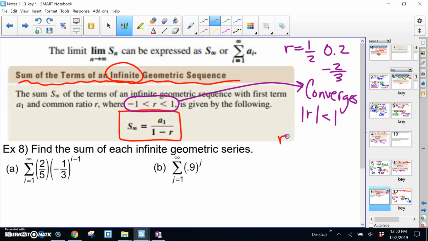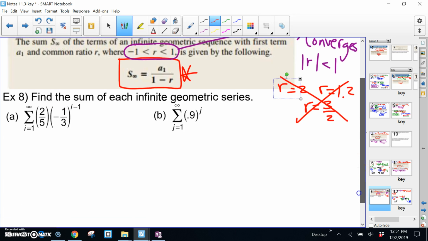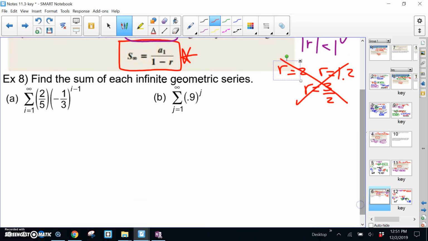On the other hand, if you found R was equal to 2, or R equals 1.2, or R equals 3/2, something like that, it's got to be less than 1, okay? Or more properly, in between -1 and 1. None of these would converge, so we wouldn't be able to find a sum using this formula. So when we look at example 8, you can see R. Remember, R is just going to be the base of the power.